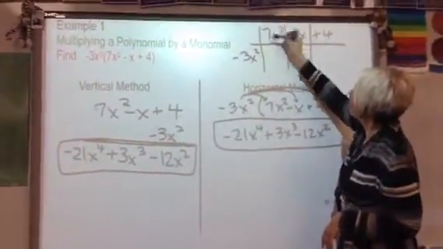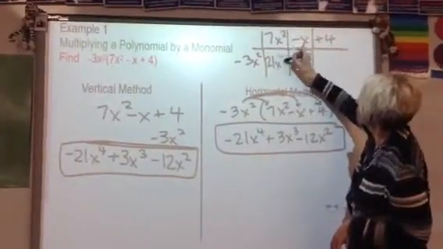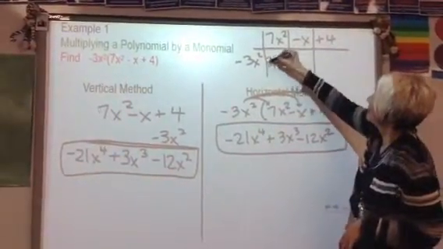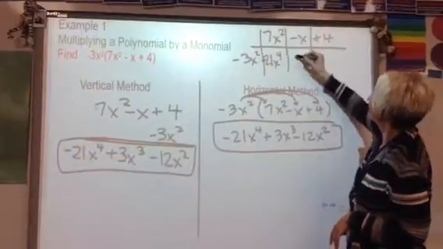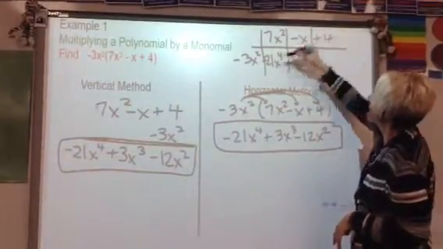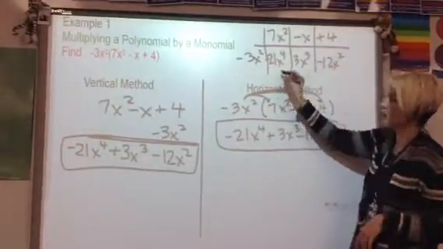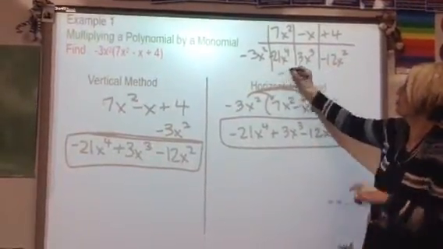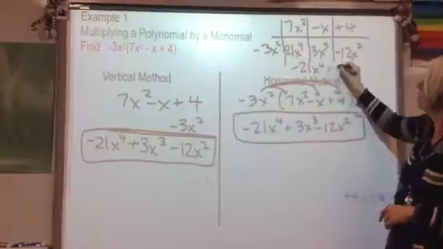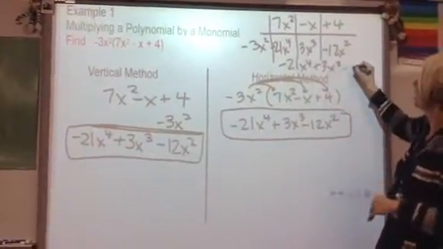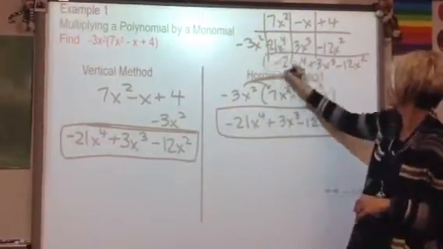So negative 3 times here is 21x to the fourth. This is going to be a negative, by the way. Positive 3x to the third. And then I have a negative 12x squared. So then you would write it across from left to right. So negative 21x to the fourth plus 3x to the third minus 12x squared.